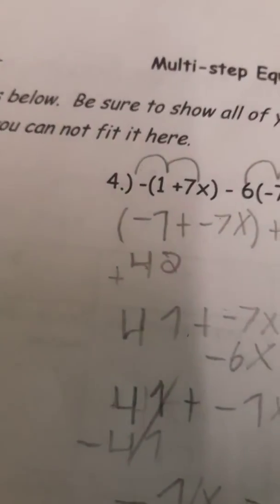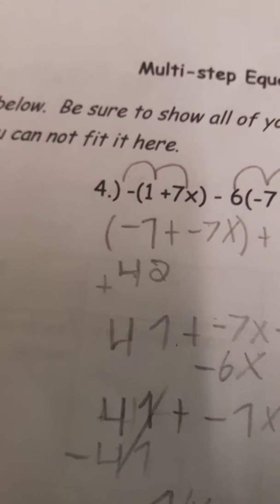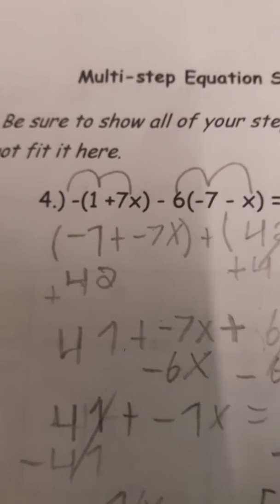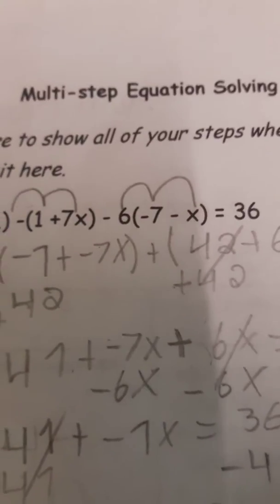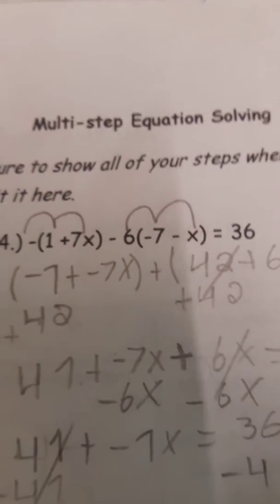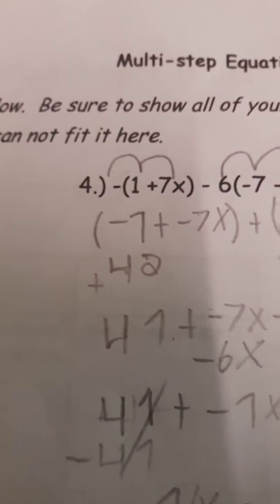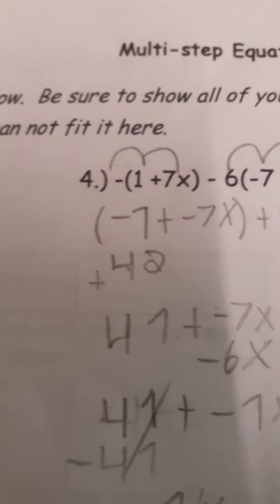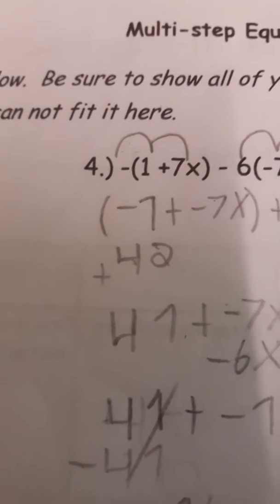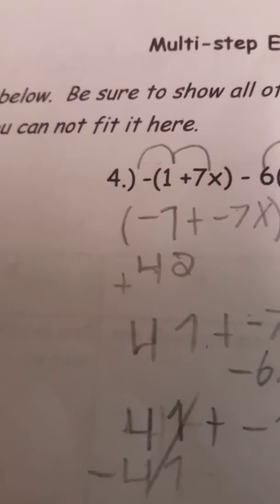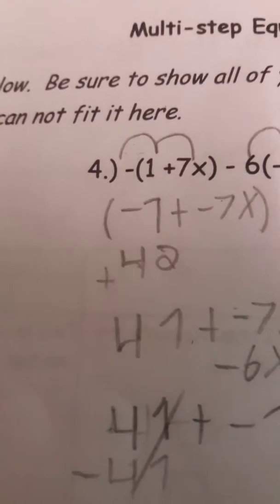Then we have negative (1 plus 7x) minus 6 (negative 7 minus x) equals 36. So first I did negative times 1 equals negative 1 plus, we get to keep that as a plus, and then negative times 7x equals negative 7x.